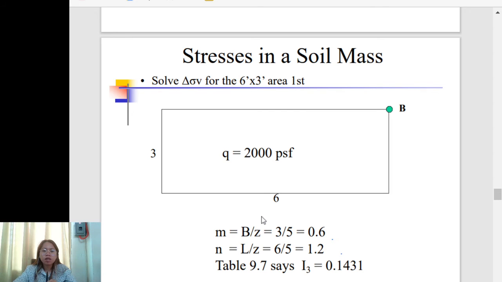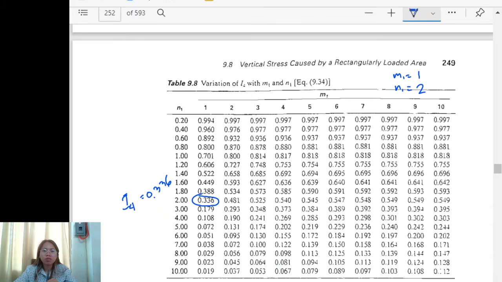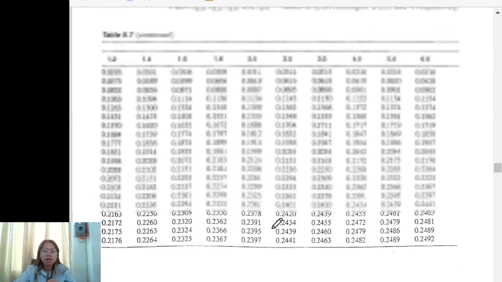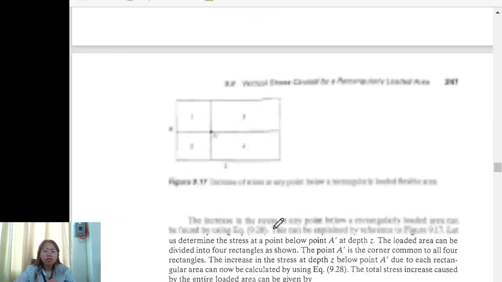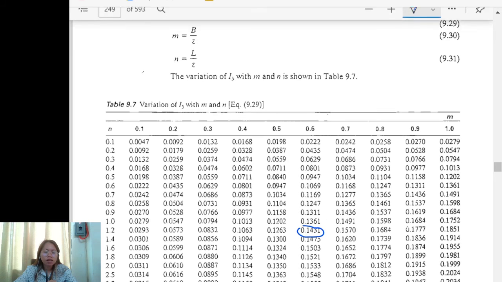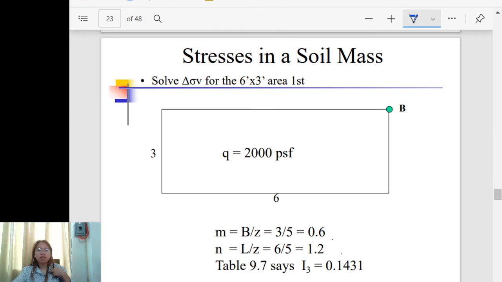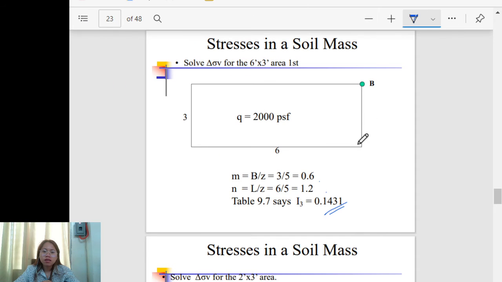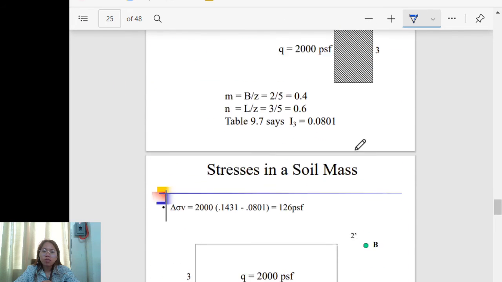Then, using table 9.7, with M equal to 0.6 and N equal to 1.2, your I3 is 0.1431.